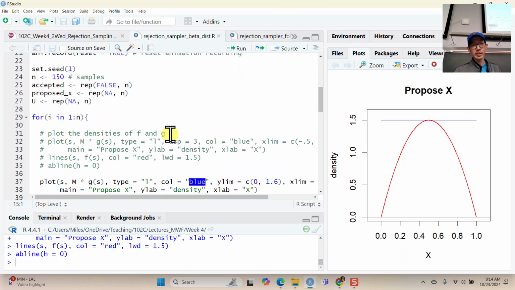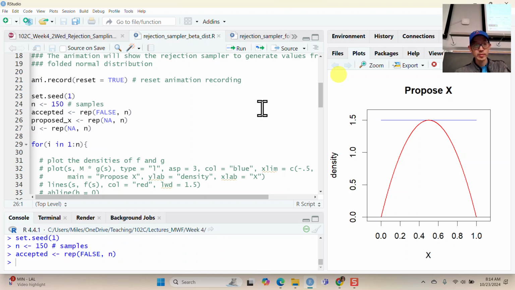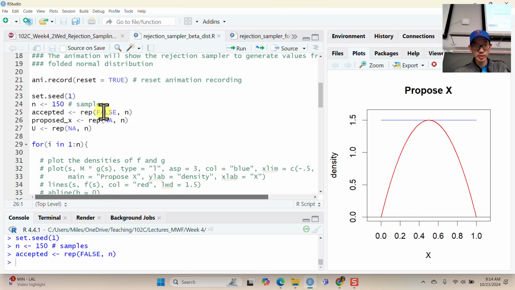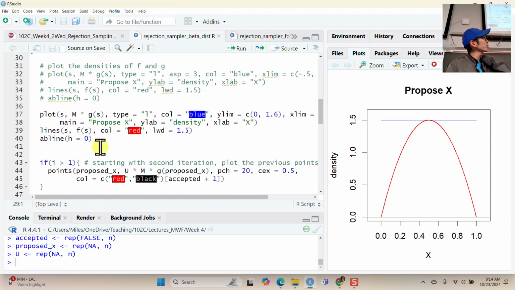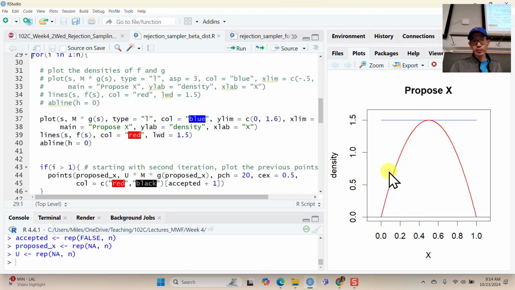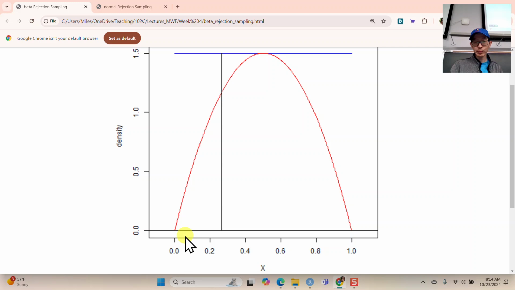In the animation, sorry, I'm having computer problems here. I'm going to run this loop, and with each iteration, I'm going to draw a vertical line to show you the value that I'm going to propose. So we propose a value between 0 and 1 according to the uniform distribution, so all values between 0 and 1 will show up with equal probability.